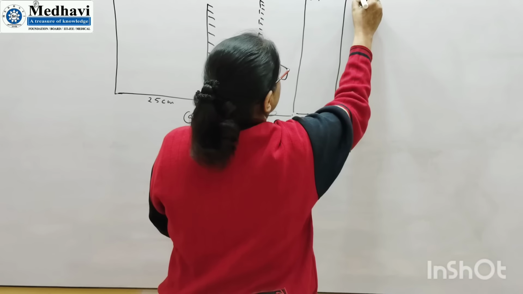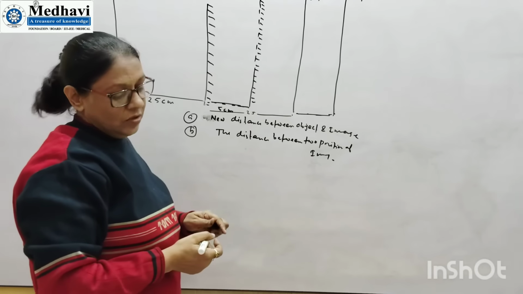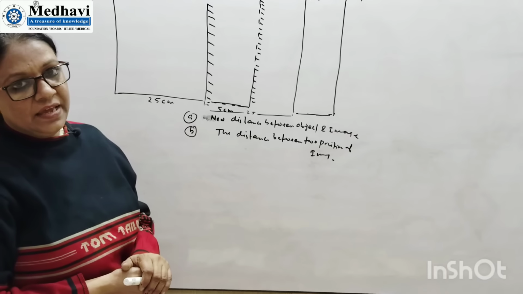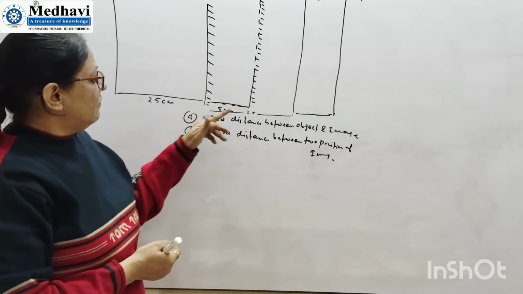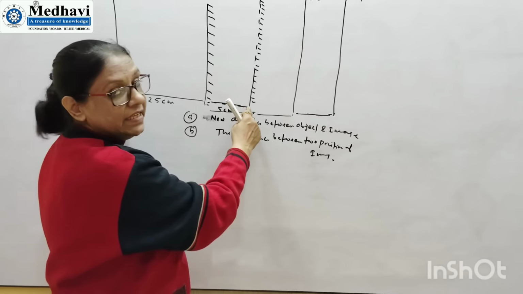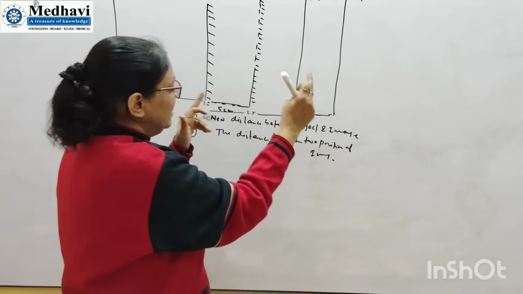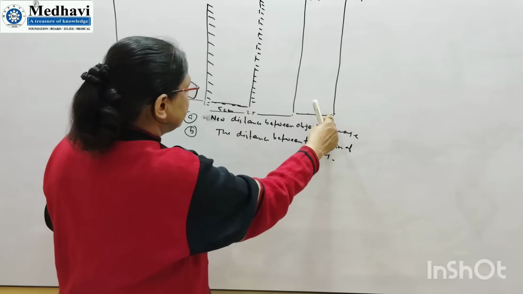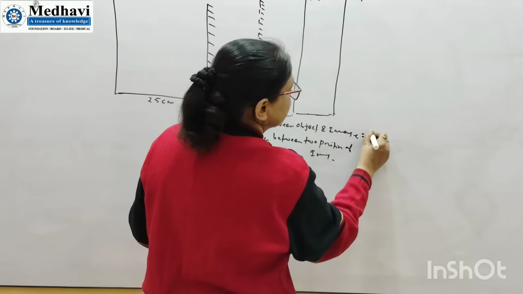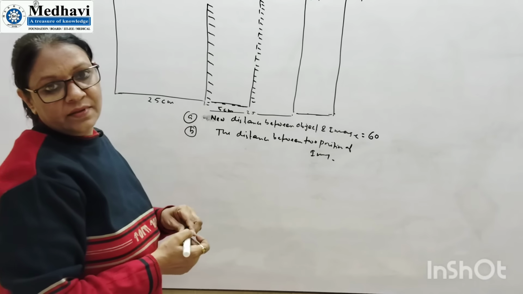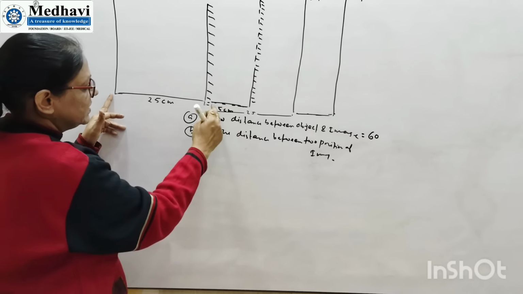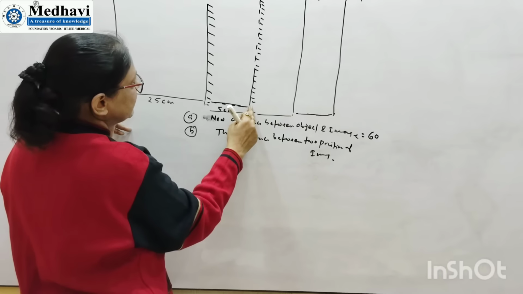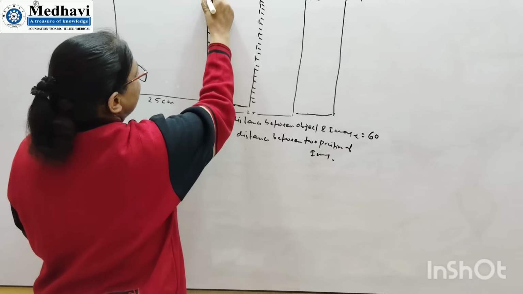So there is a question: new distance between object and image. After shifting, object distance is 30 and image distance is also 30. So the distance between object and image is 60. Very, very important: this is the final new distance between object and mirror.